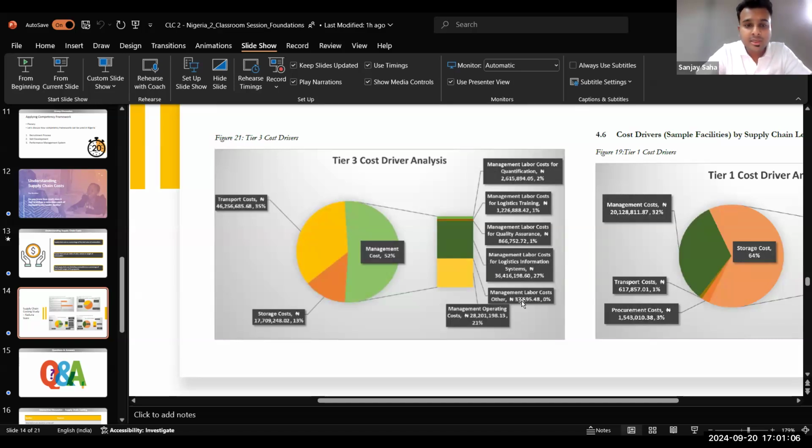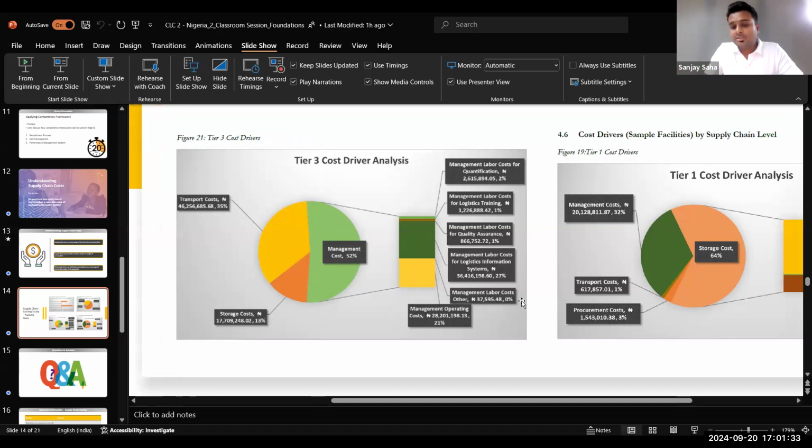Tier one is facilities. So under tier three, which is DMA, highest cost is management, because over there people are more involved in taking the decisions and doing forecasting, doing procurement. So management cost is higher. Transport costs are also higher at that tier because they don't store much. Whatever comes, they send it out. So that's why transport costs are higher and storage costs are lower.